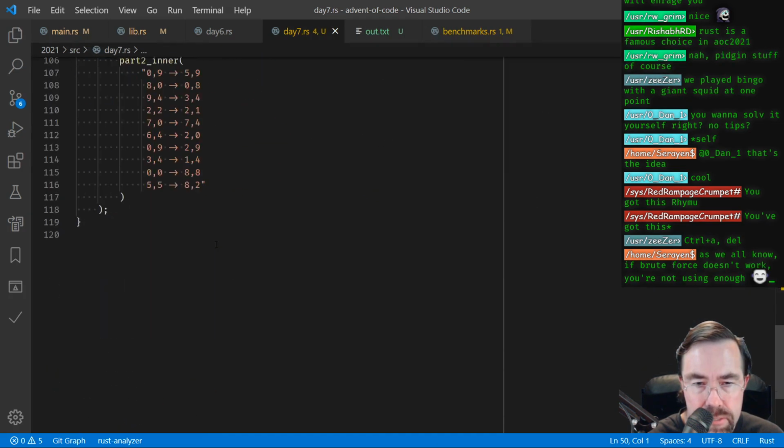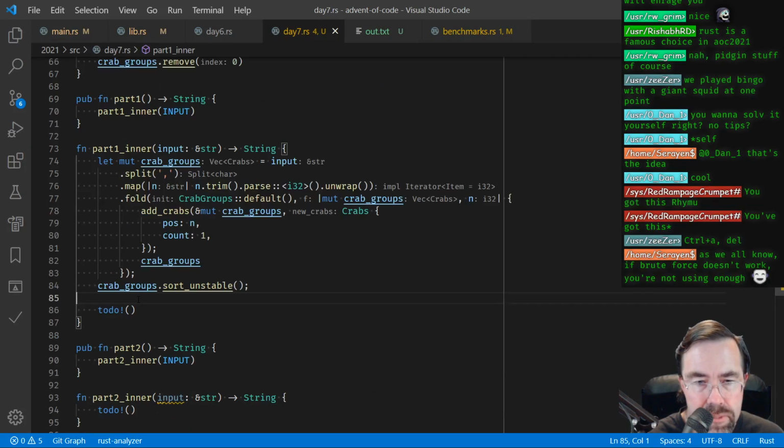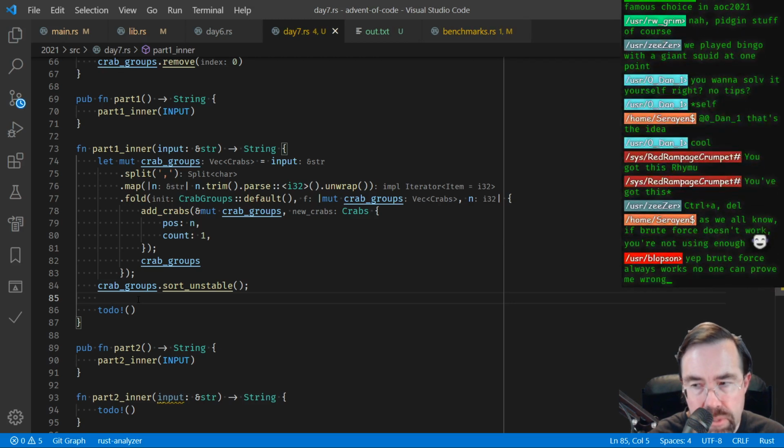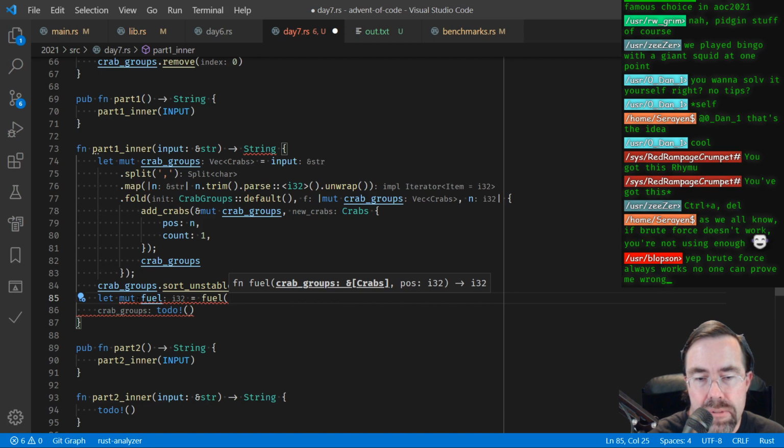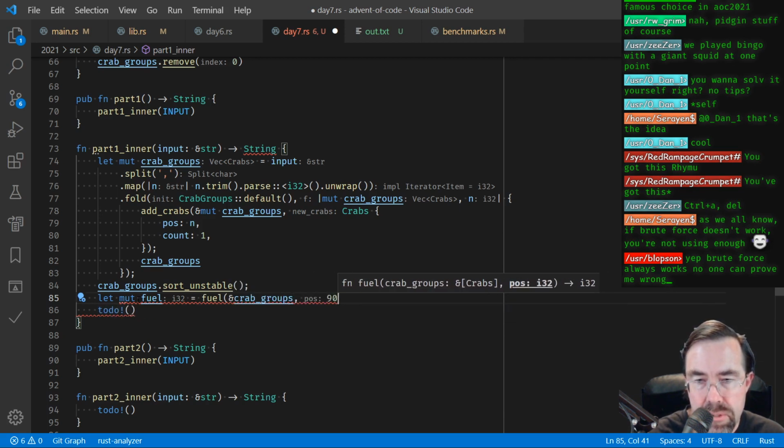Okay. So then, we have to start with one number at least. So let mutable fuel equal, well, crab groups 0.